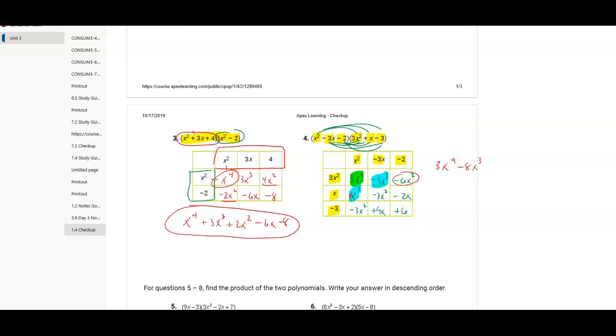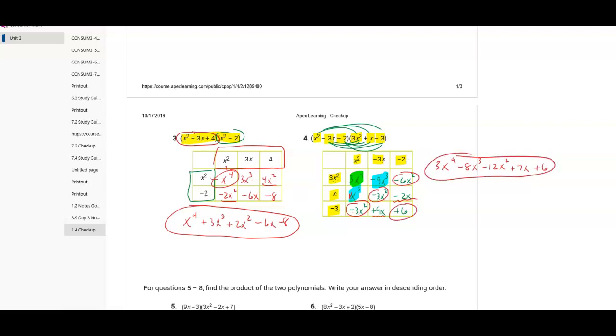Then negative 6x squared minus 3x squared minus 3x squared is going to give me negative 6 minus 3 minus 3, which is minus 12x squared. Then negative 2x plus 9x would be plus 7x. And then your constant here, plus 6.